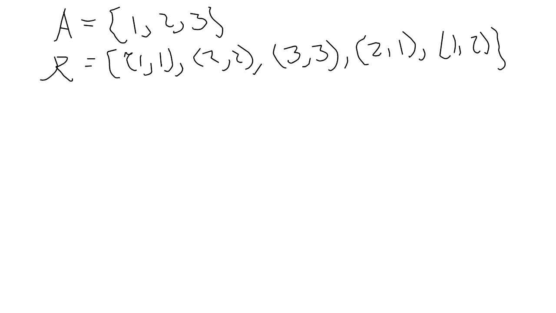So remember, an equivalence class of an element is the set of X from that previous set A, which has A relating to X. So let's say we want the equivalence class of 1. What elements relate to 1?